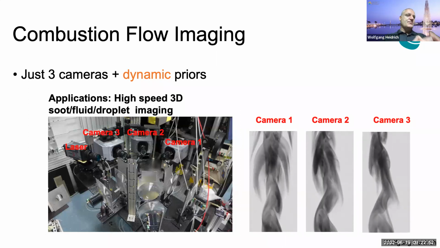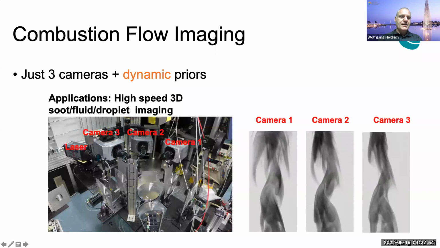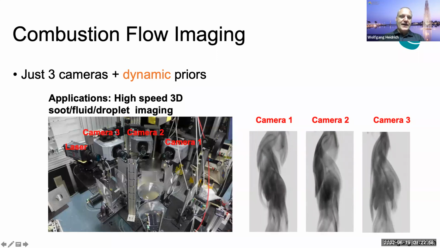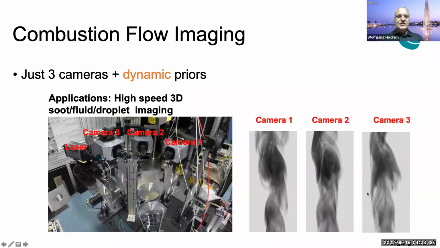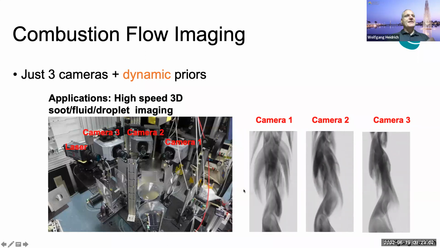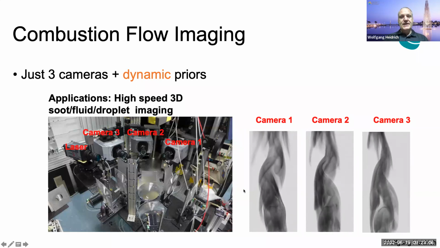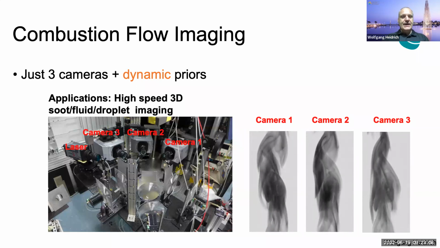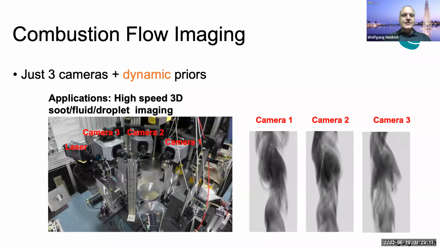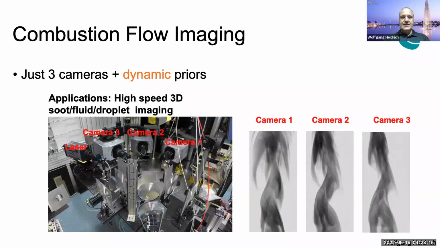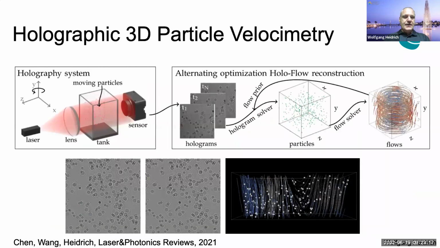This is combustion research. There's a combustion chamber, and we're trying to do tomographic reconstruction of the soot plume from just 3 cameras. Again, this is so underdetermined that without additional priors, it's basically hopeless. And these kinds of methods that I discussed help for that as well.